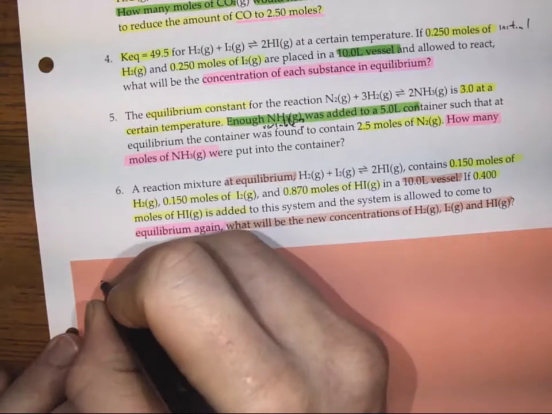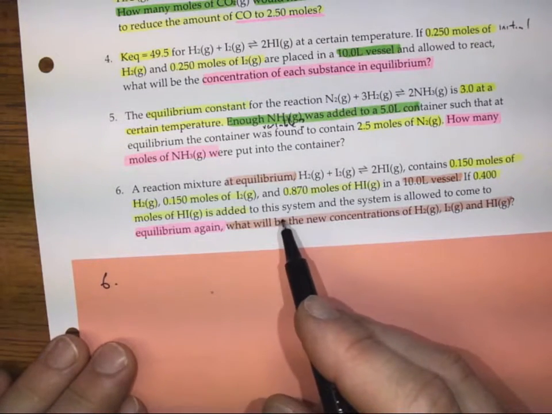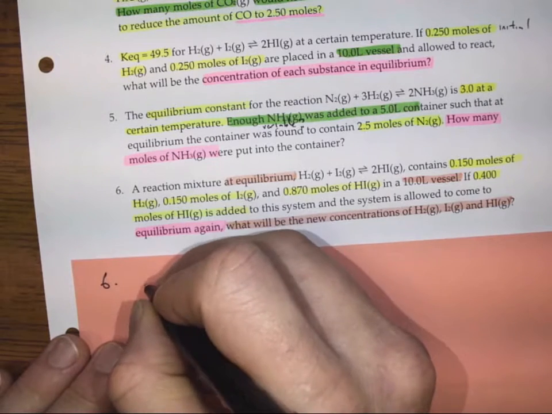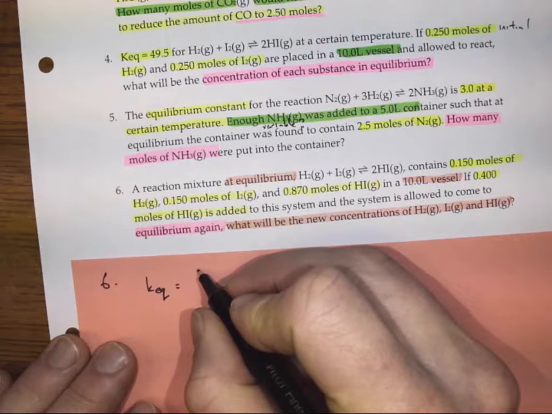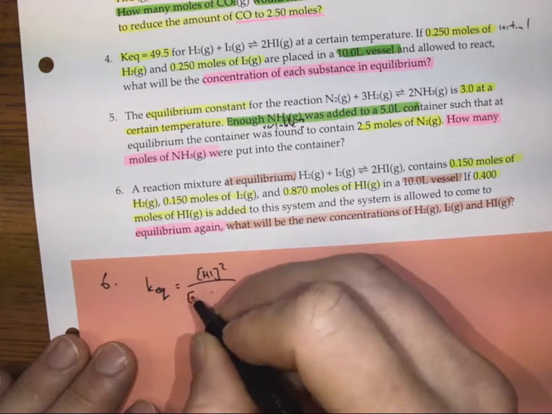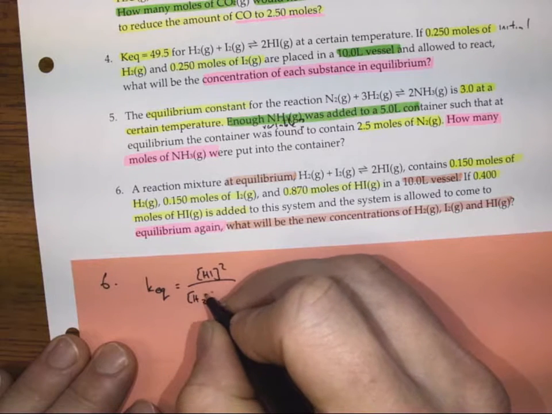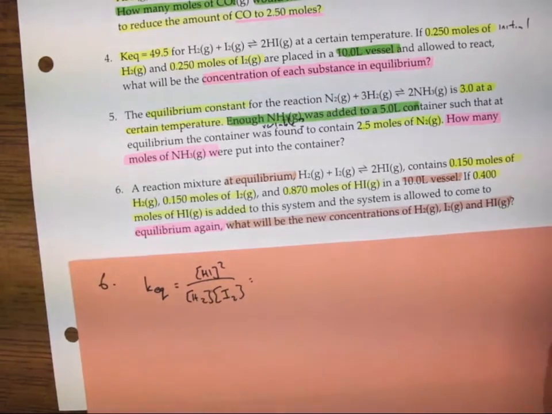So this is a question where it looks like we can find our equilibrium constant to begin with. So we've got the hydrogen iodide concentration squared over our hydrogen concentration times our iodine gas concentration.